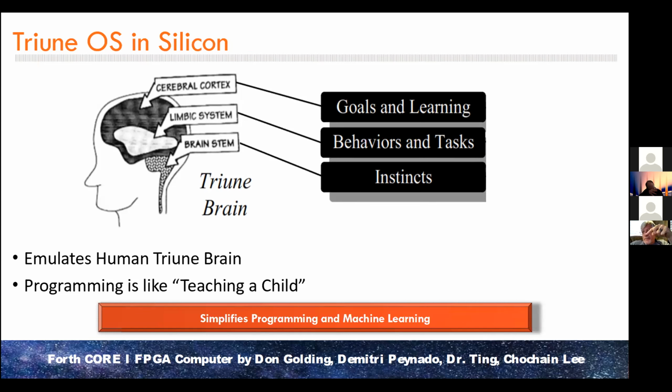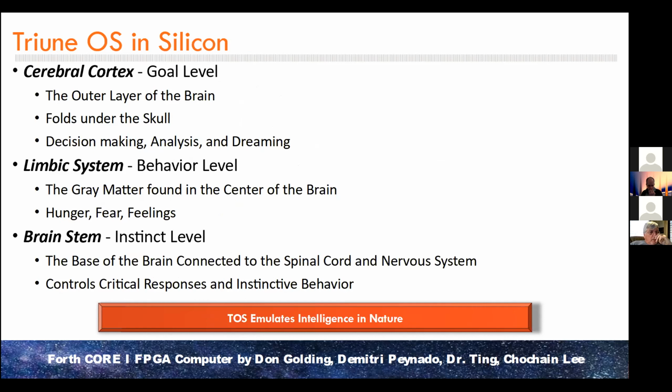Instincts is like you touch something hot, your nervous system pulls your arm away. It sends a message to your brain, pain, and then a behavior kicks in, or you analyze the situation with your goals and learning level. So it emulates the Triune brain, and it makes intelligent robots make decisions in real time. It's very good at that. So this talks about the 3 levels.